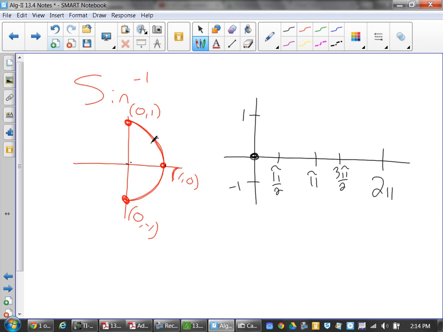What's the sine at pi over 2? 1. This one's 90. Now, if you think about what happens as it comes back around, when it's at 180, or at pi, what's the sine value?